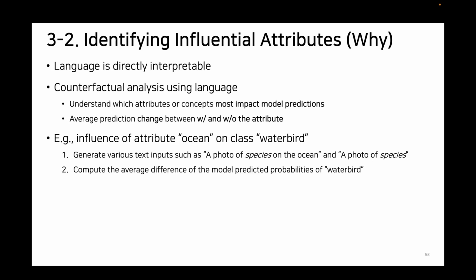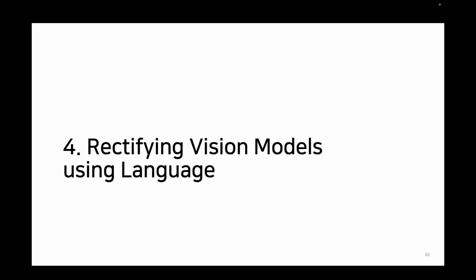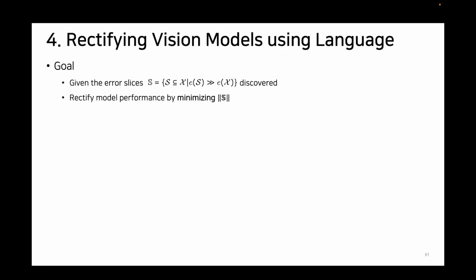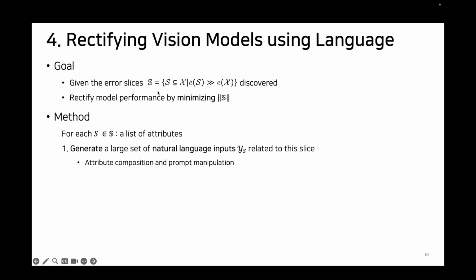Then we can compute the average difference of the model's predicted probability of the whatever. Then they try to rectify the vision model using language. So the goal of this rectifying is, when the error slices are given, to rectify the model performance by minimizing the size of the error slices.